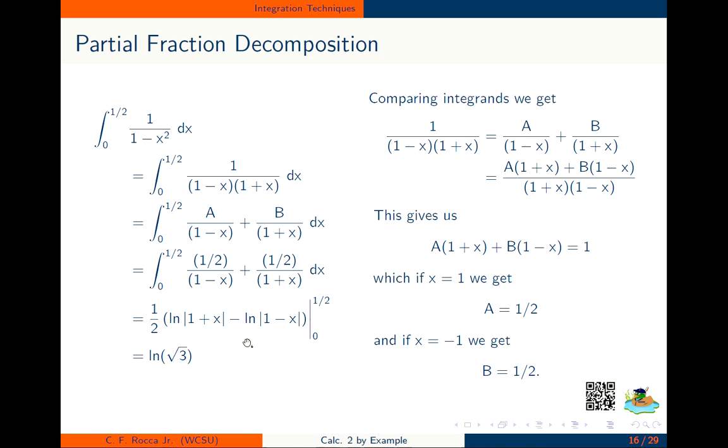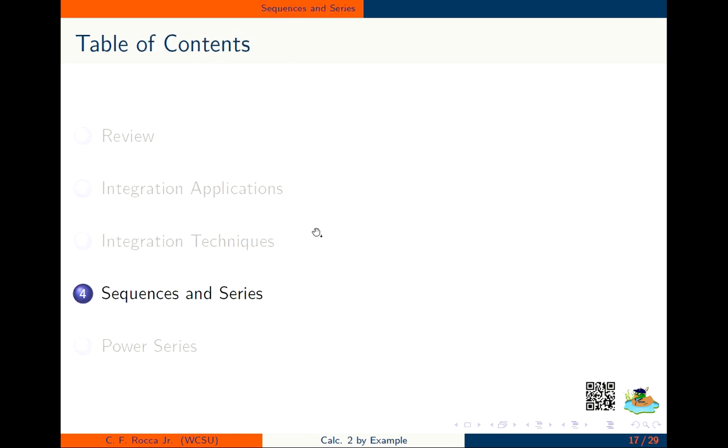So just like all our other integration techniques, you take a complicated integrand that we don't know how to evaluate, and you try to break it down into a simpler integrand that we do know how to integrate. All right, so that's an example of partial fraction decomposition. That's our last technique of integration that we're going to look at in this video series.